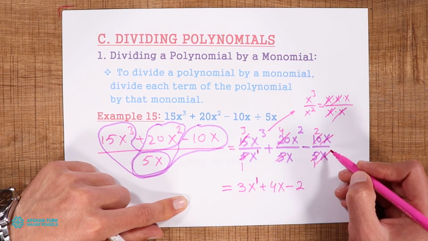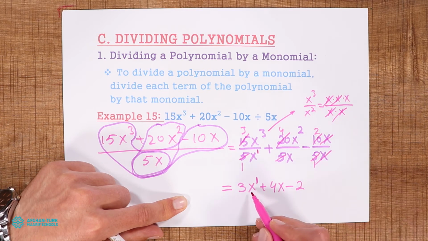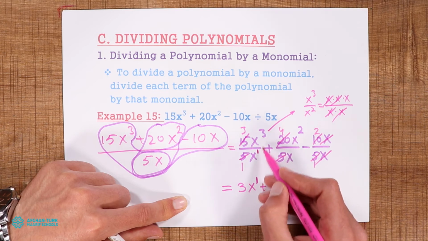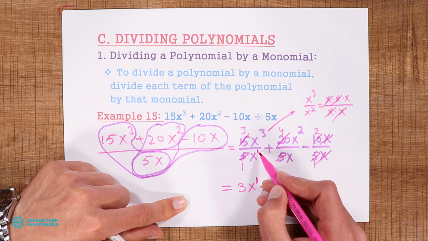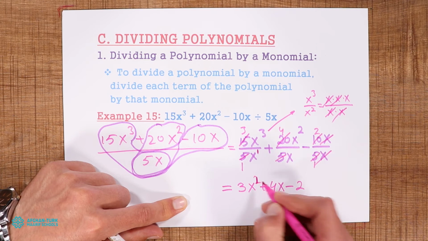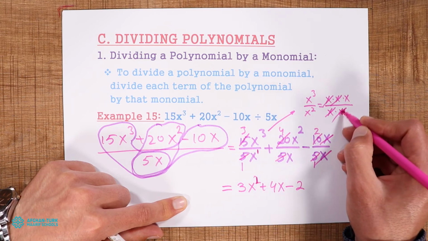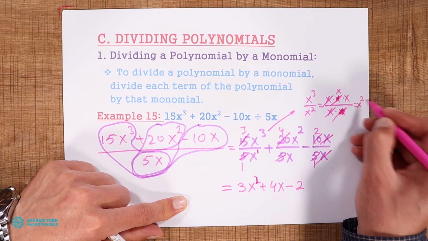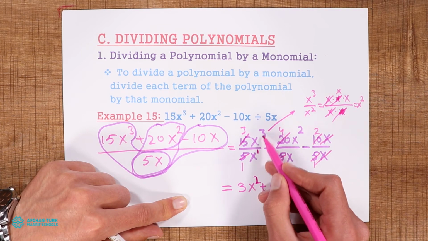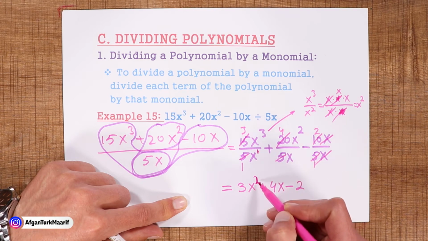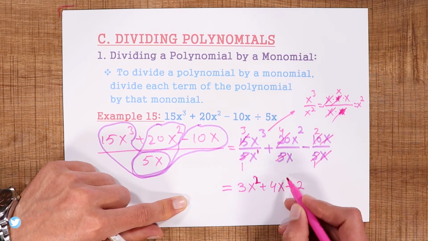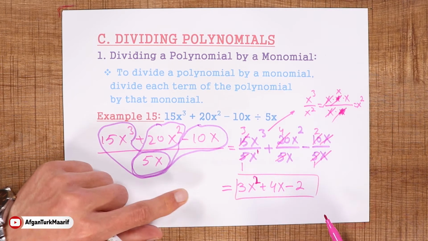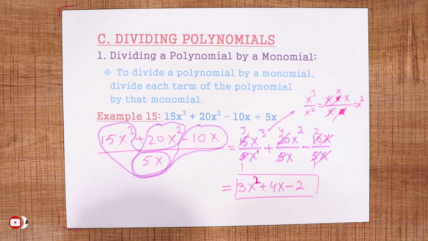We will have no x's here. So in here we have a mistake. 3 minus 1 will be 2, so here we will have x to the power of 2. So x to the power of 3 divided by x to the power of 1 will be x to the power of 2. Here we have 4x to the power of 1. Here we have minus 2. So the answer for dividing this polynomial will be 3x squared plus 4x minus 2.